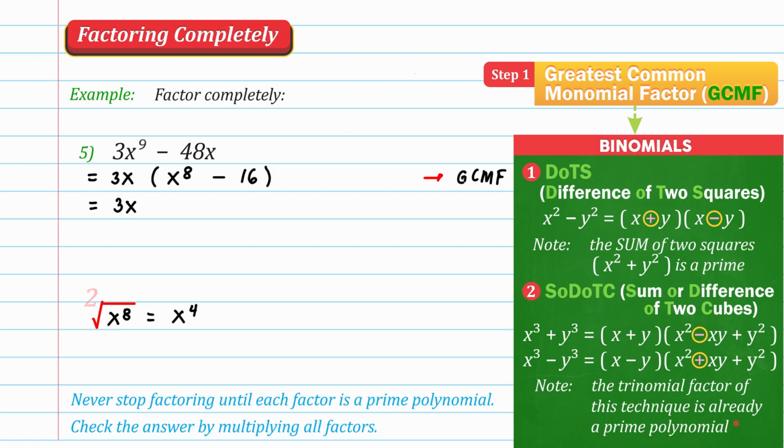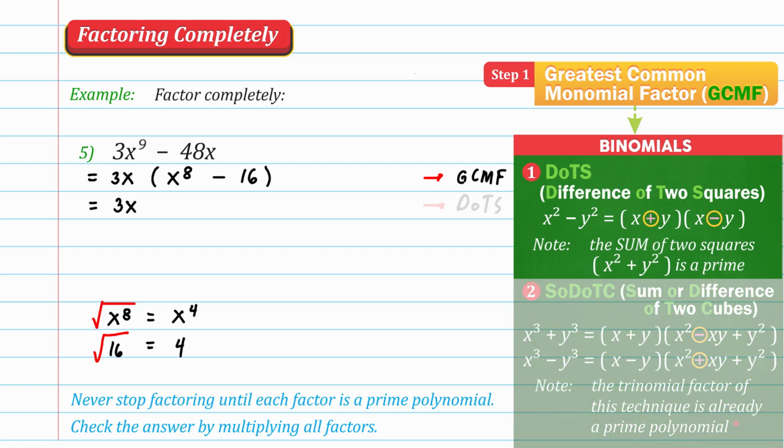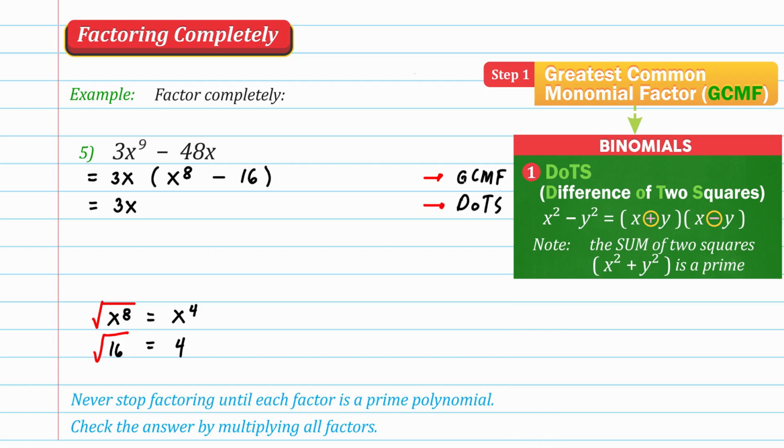It's a perfect square. Question number 2. Is 16 a perfect square? Yes, it is, because square root of 16 is 4. We see that it's a difference of two squares. Therefore, we can factor it. Looking at the formula, we set up the binomial factors, and the first thing on our mind should be plus and minus.